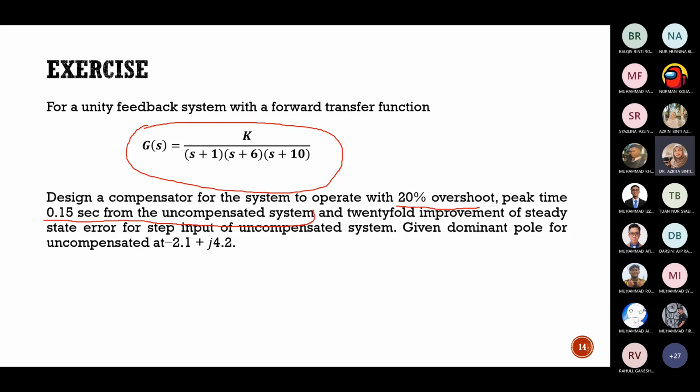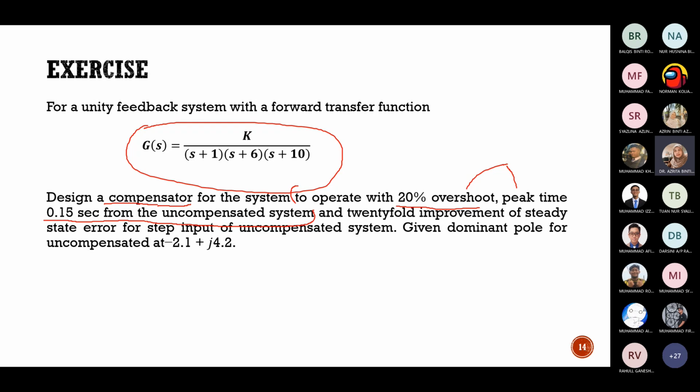Okay, so the name of the compensator is not given. So you need to decide what type of compensator is suitable for the design requirement stated in this question. If we look at the design statement, to operate with 20% overshoot, peak time 0.15 second, this is about the transient values.